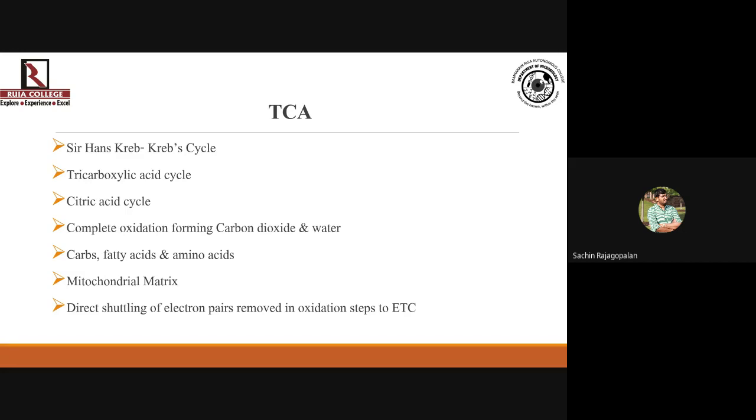Glycolysis was taking place in the cytoplasm of the cell, but Krebs cycle is taking place in the matrix of the mitochondria. So the locations are quite different. The matrix is going to have all those enzymes which are required for TCA to take place, right?